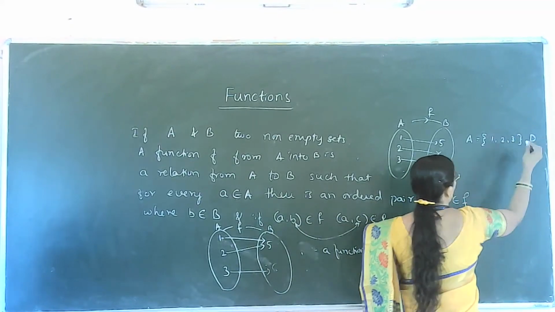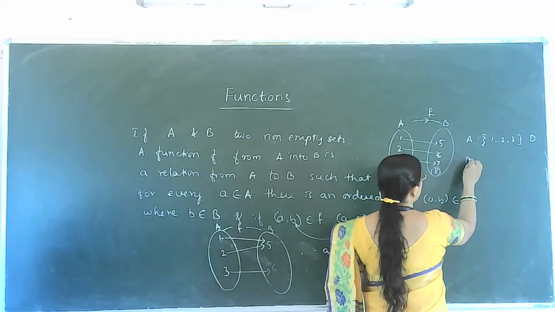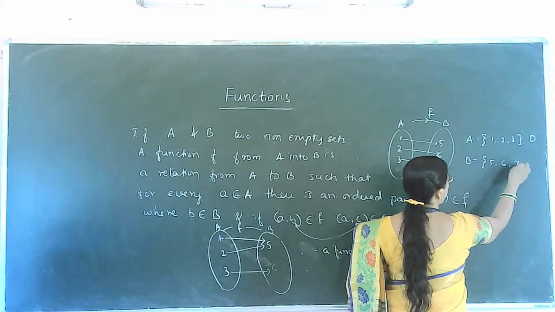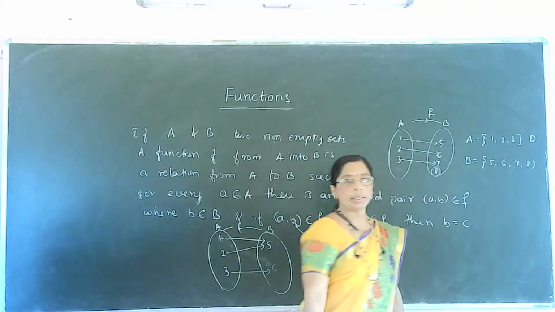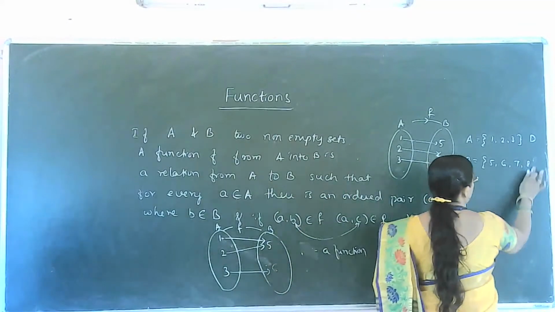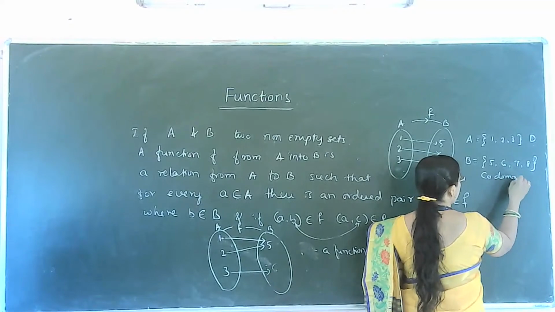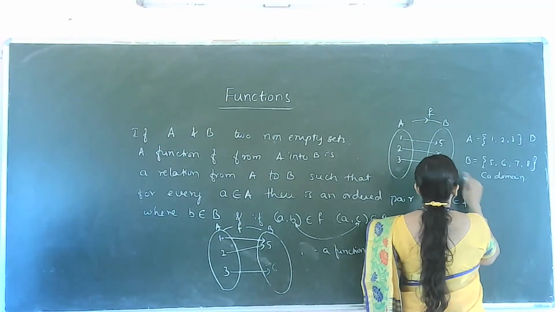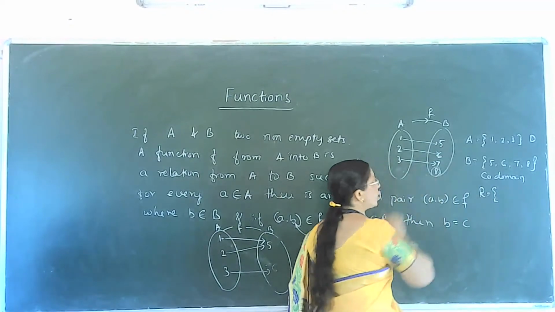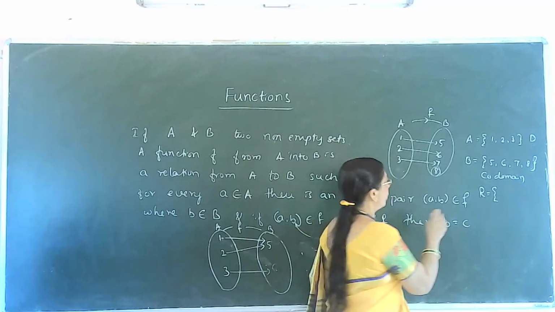Here A is equal to {1, 2, 3}. You already know it's the domain. And B is equal to {5, 6, 7, 8}. It's the codomain. But range is the set of elements which are images of the domain.